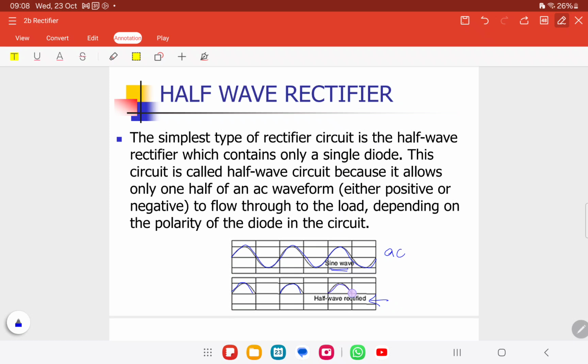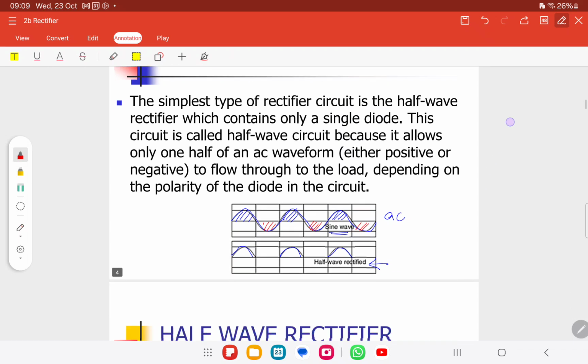For this one it shows the positive. It only takes the positive at the top. Or if we change the circuit polarity, it will take only the negative cycle. It will not take both. Only one cycle for the half wave rectifier.